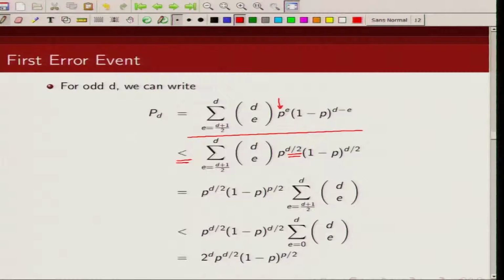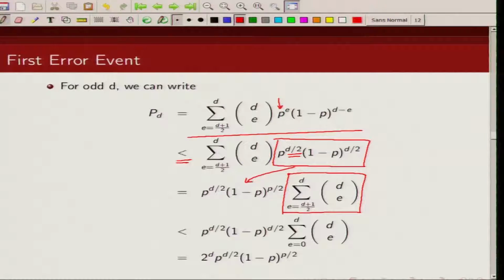Next, this term does not depend on e, so I can take this out. What I am left with is d choose e, where e goes from (d+1)/2 to d. Next, for the upper bounding, I replaced it by e equal to 0.